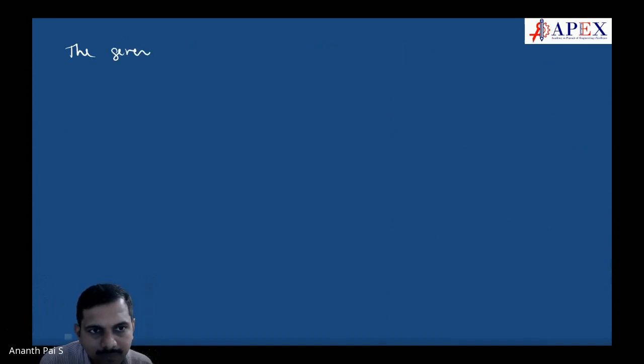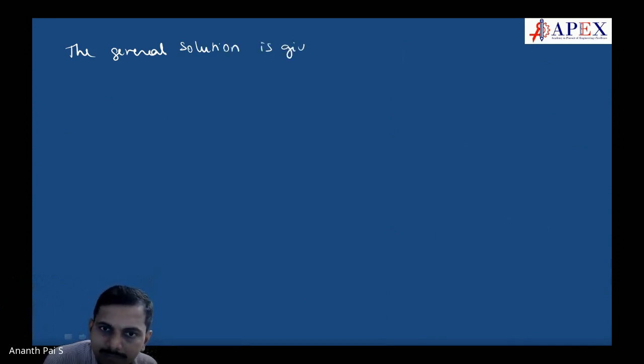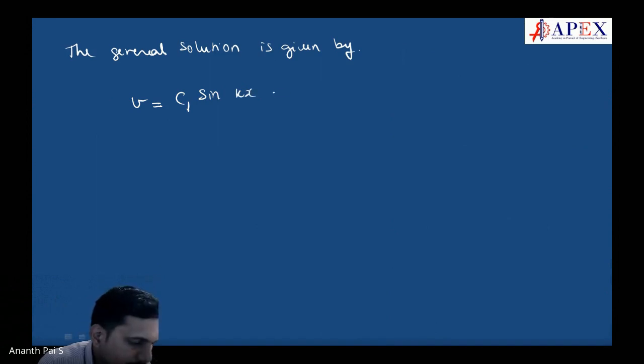Okay, so here, what is the solution? The general solution is given by V is equal to C1 sine kx plus C2 cos kx.